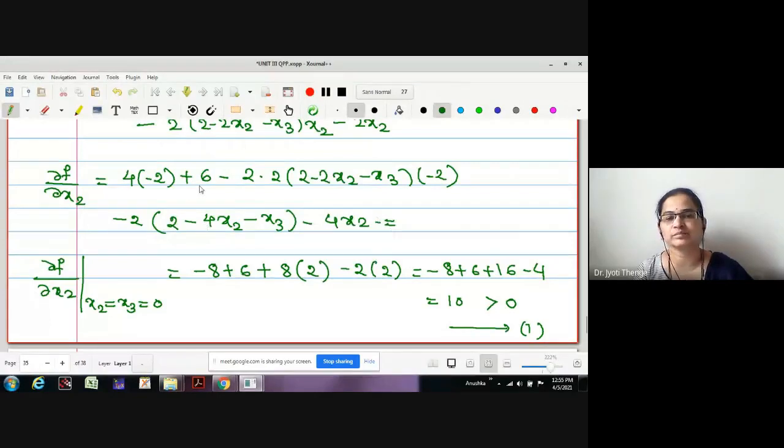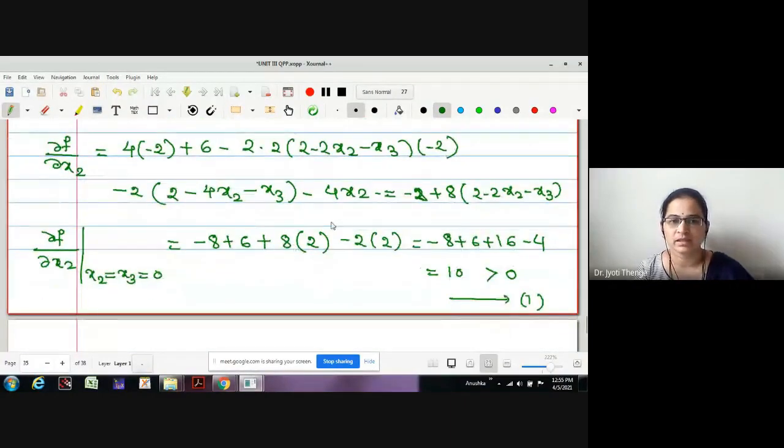Minus 8 plus 6, minus 2, plus 8 times 2 minus 2x2 minus x3. I forgot to simplify actually. Then minus 4 plus 8x2 plus 2x3 minus 4x2.